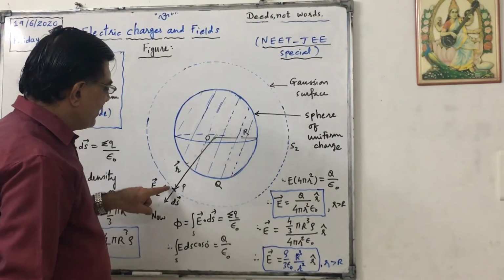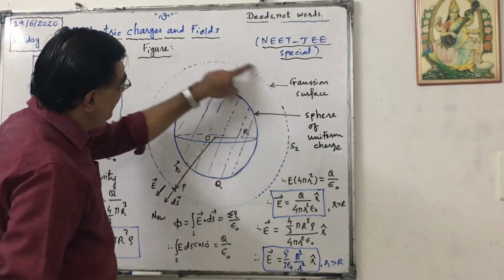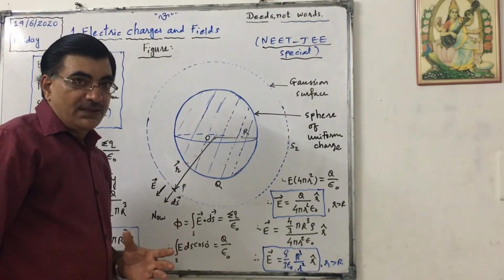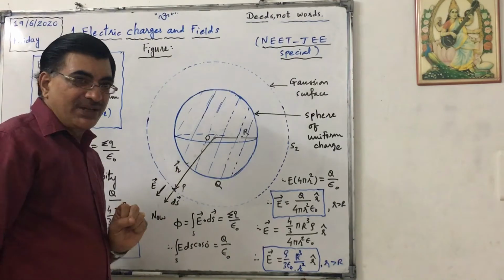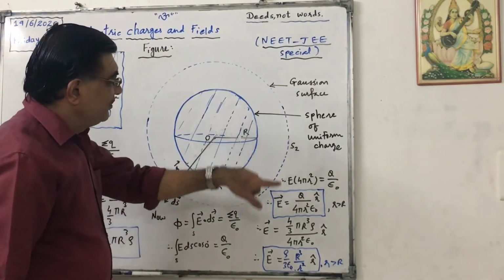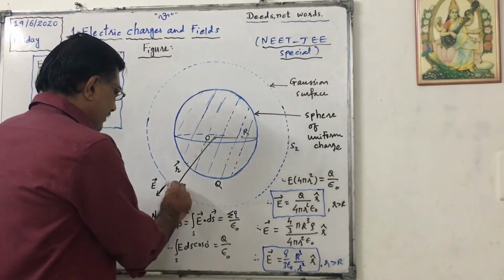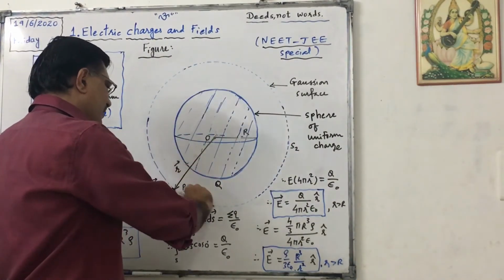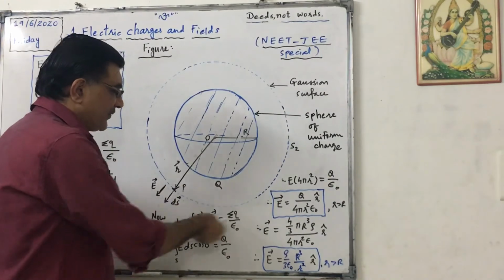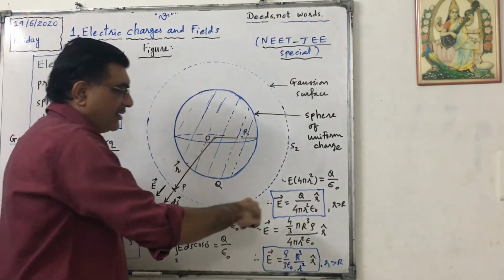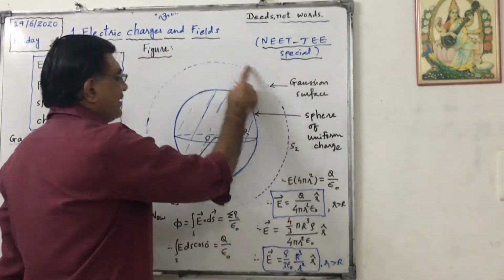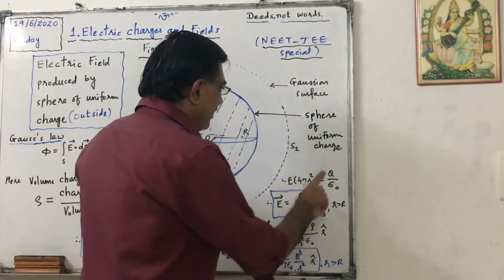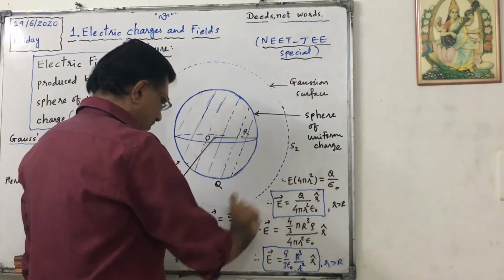We know that at equal distance, the electric field will have the same magnitude from symmetric distribution. So E is taken common, and the sum of all small surface elements' areas is 4 pi small r square for this Gaussian surface that is spherical, equals Q upon epsilon naught.